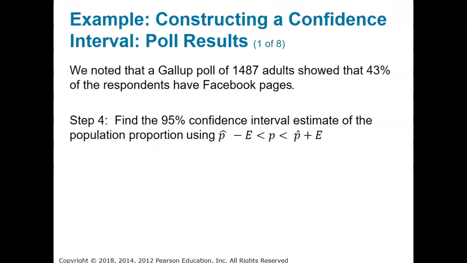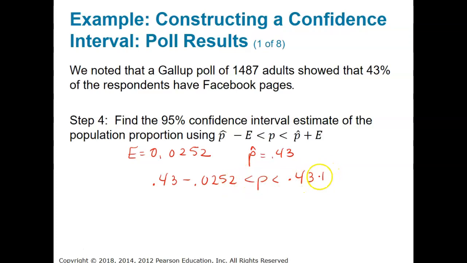Okay, so we need to construct the confidence interval from this. We found that our margin of error is 0.0252. We already know that our p-hat is 0.43. So we're going to plug into the endpoints here. We'll have 0.43 minus 0.0252 is less than p, which is less than 0.43 plus 0.0252.